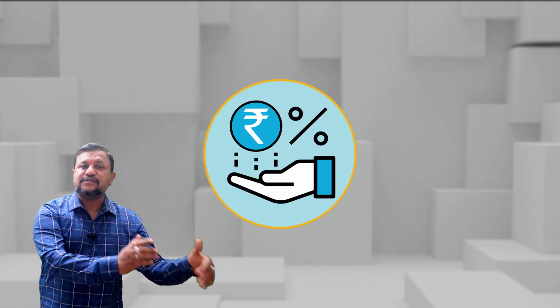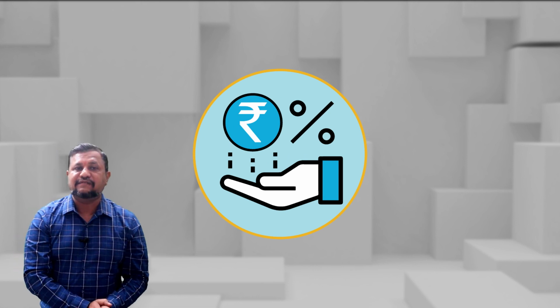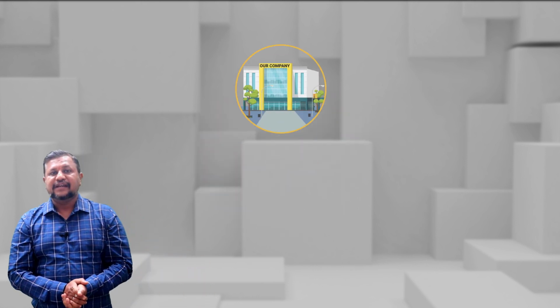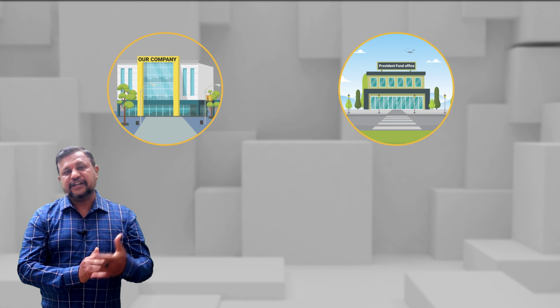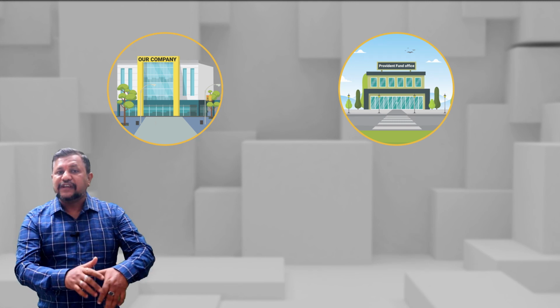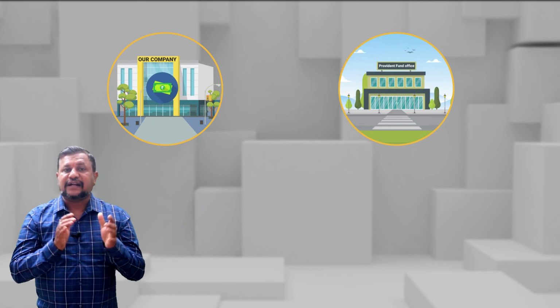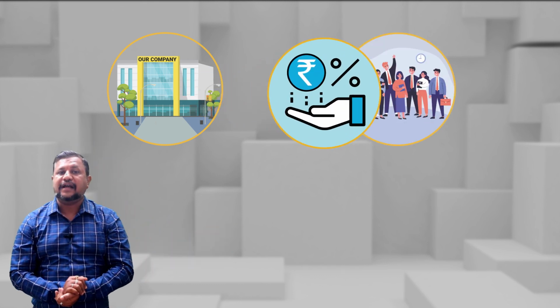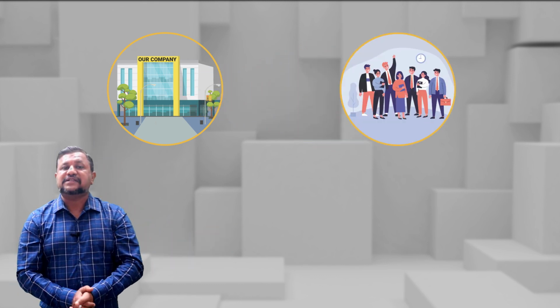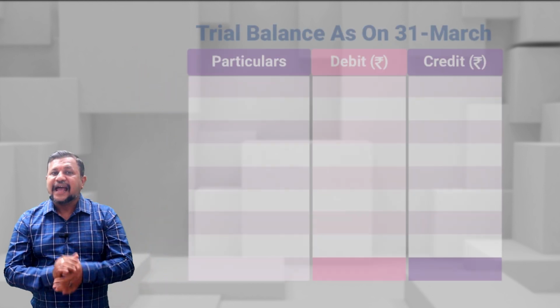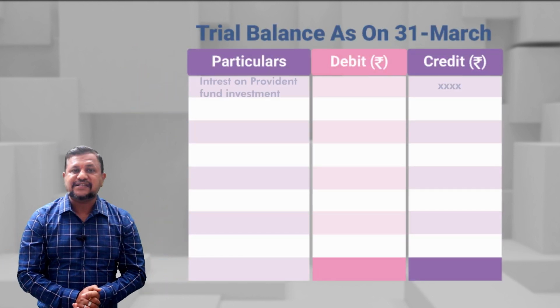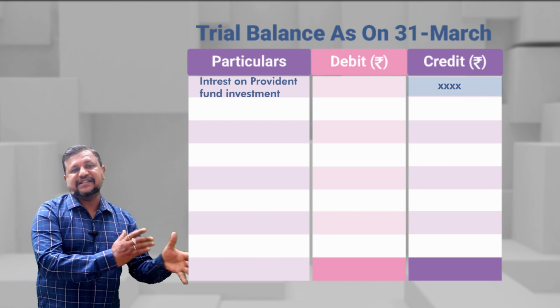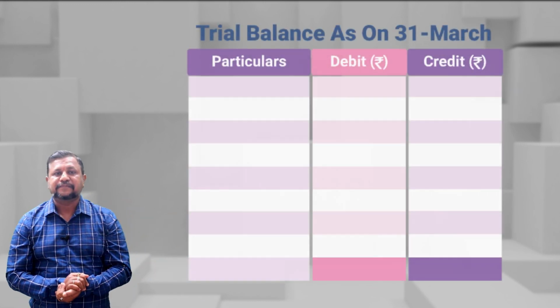Finally, interest which is received on provident fund investments by the company is a liability of the company. Along with the amount of provident fund, the company also has to pass on this interest to the employees. So that way it becomes a liability of the company, and interest on provident fund investments is recorded on the credit side of trial balance.